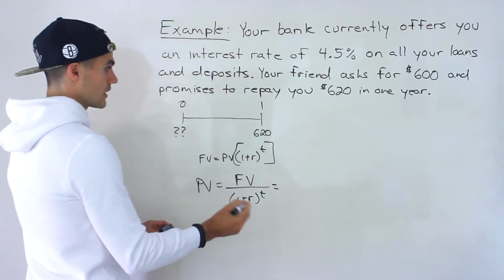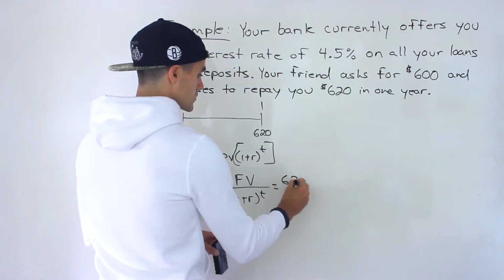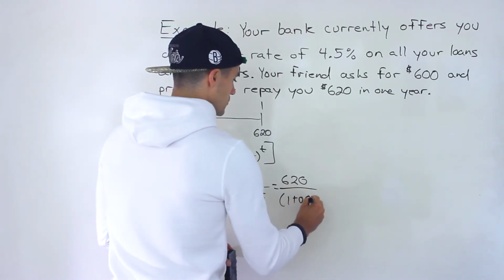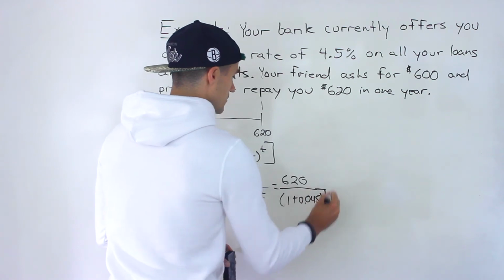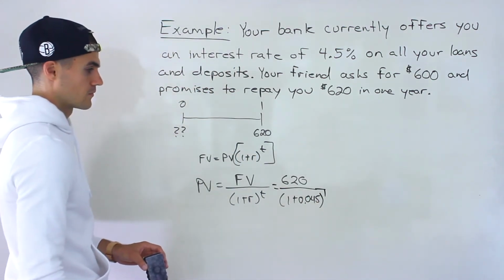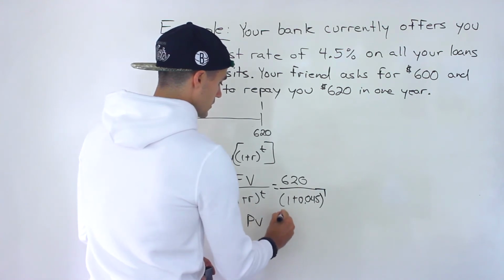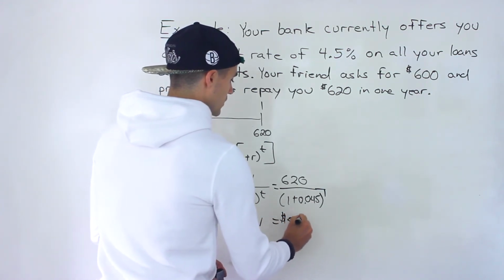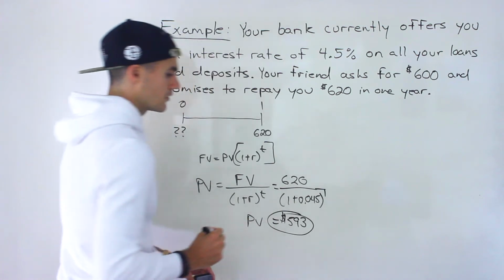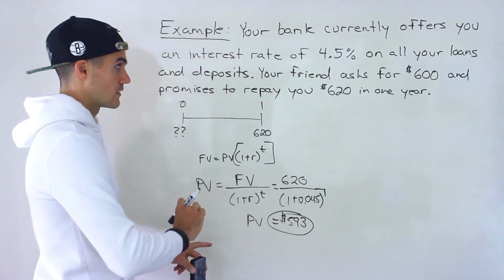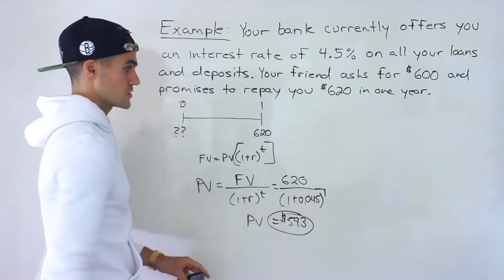Inputting everything, the future value 620, divided by 1 plus the interest rate 0.045, to the power of 1. When you do this calculation, rounding to the nearest dollar, you'd end up with $593. So that's how much you have to invest in the bank at 4.5% to receive 620.